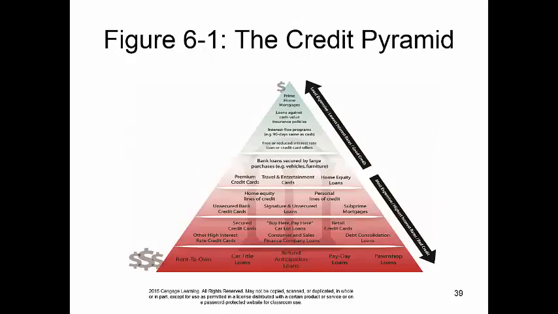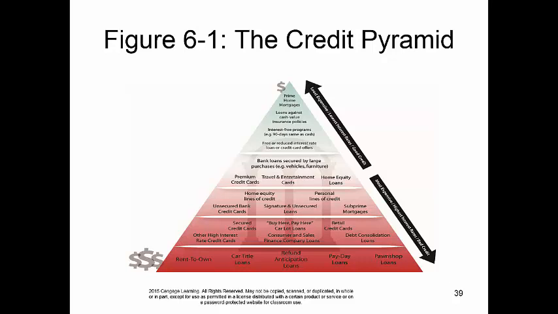Figure 6.1 is the credit pyramid, and the top of the pyramid is the best places to borrow, and the bottom of the pyramid is the worst places to borrow. The top of the pyramid is prime mortgages, loans against insurance policies, interest-free programs, and reduced interest rate loan or credit card offers.